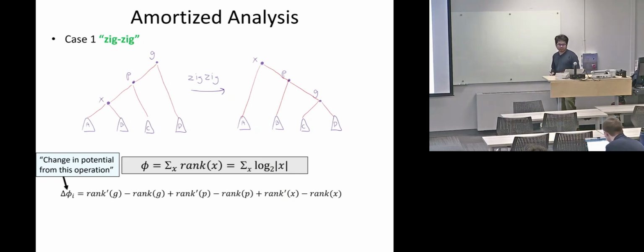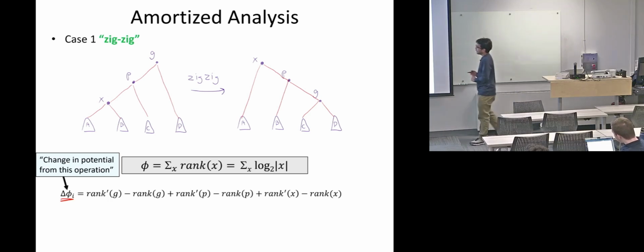Now let's analyze one thing. What happens when we do zig-zag? I will just analyze how much the potential changes. The claim is that the change in potential is only because of the change in rank, and the rank of every node stays the same except the rank of x, p, and g.